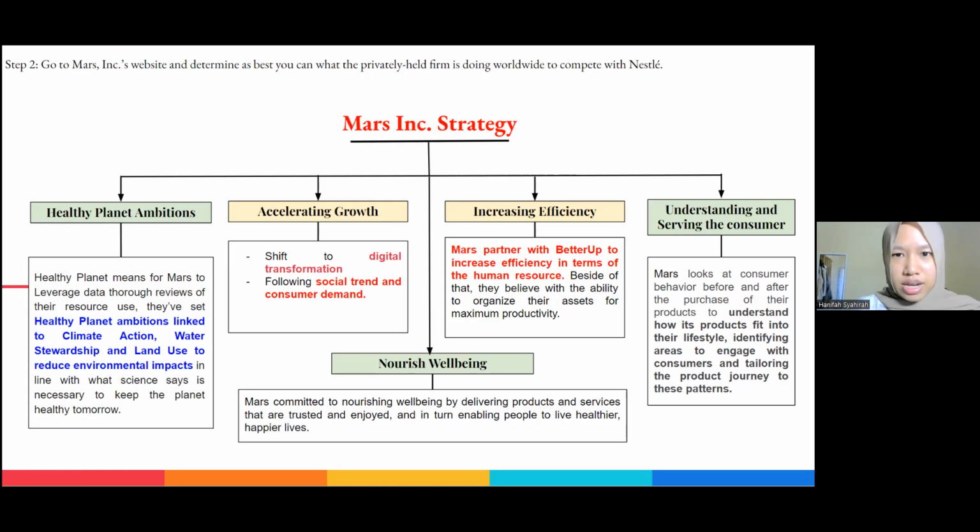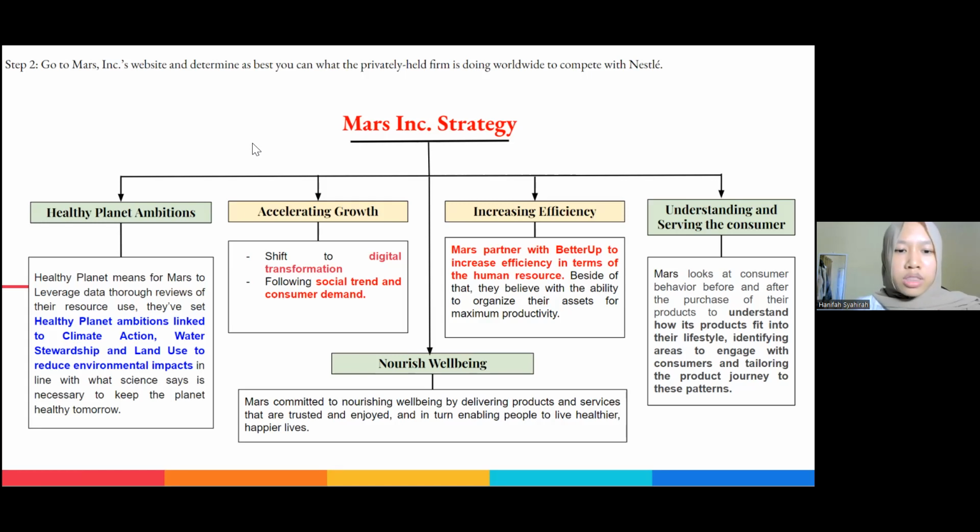And the fourth strategy that they do to compete with Nestle is increasing efficiency. So if Nestle is doing the manufacturing footprint, Mars Inc.'s strategy is more about partnering with BetterUp. BetterUp is a company focusing on leadership of human resources.